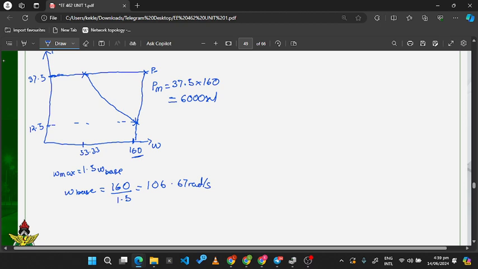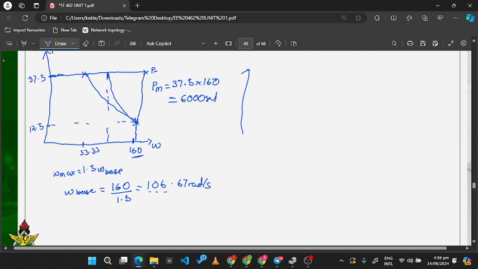Nice. Okay, so we've gotten our base speed, right? In this case, the motor only has to supply the rated torque up to the base speed. Let's say that will be somewhere here. Then from that point onwards, if field weakening is allowed, it reduces and behaves this way.